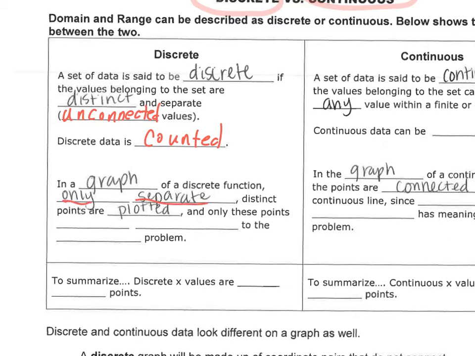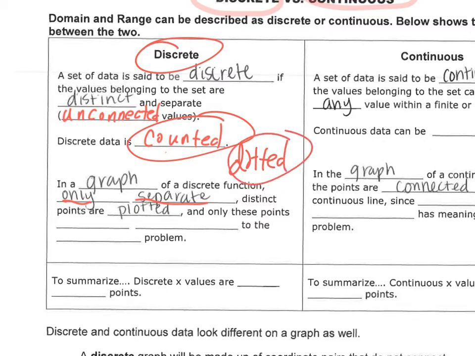So in other words, discrete is counted and it's distinct points, meaning it's dotted. And only these points have meaning.